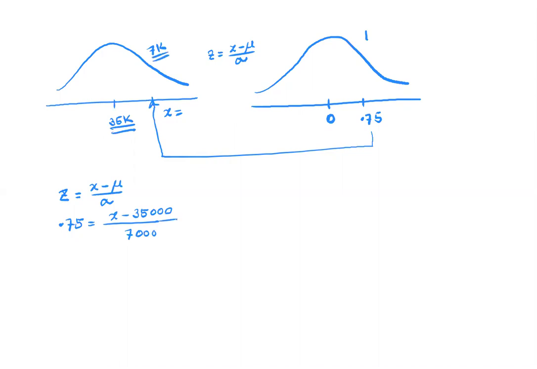Now we are going to multiply both sides by 7,000 so that we have a solution for X. So 7,000 times 0.75 is 5,250. 5,250 is equal to X minus 35,000. Now to solve, we are going to add 35,000 to both sides.